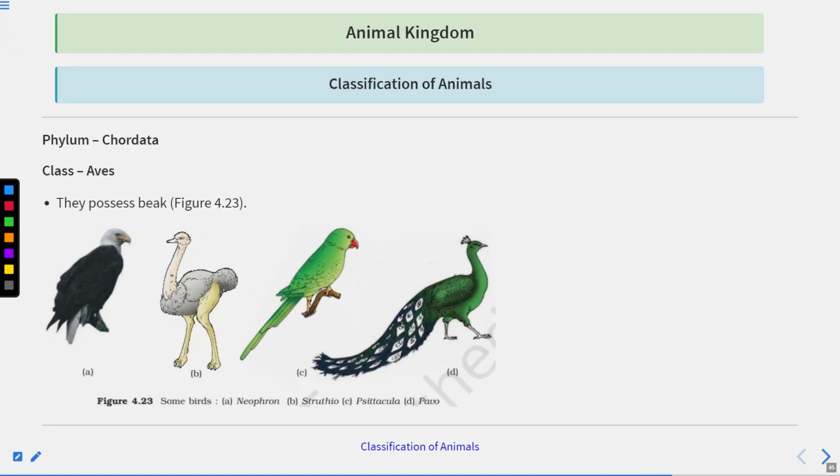So they possess a beak. Whether you see this neophron, that is kite, this is struthio, that is ostrich, that is psittacula, that is parrot, and pavo, that is peacock, they all bear a beak. Their beak can be different, but all the birds bear a beak.